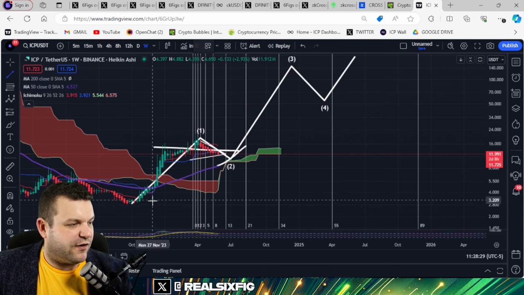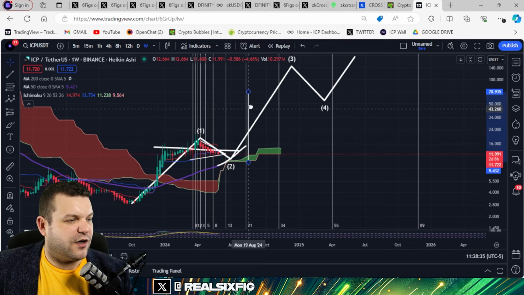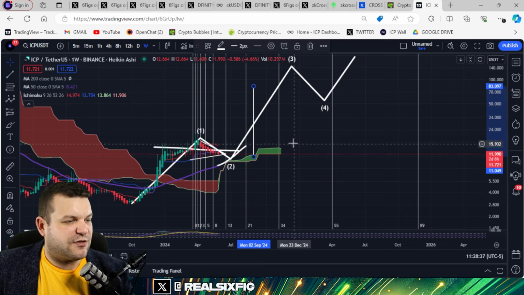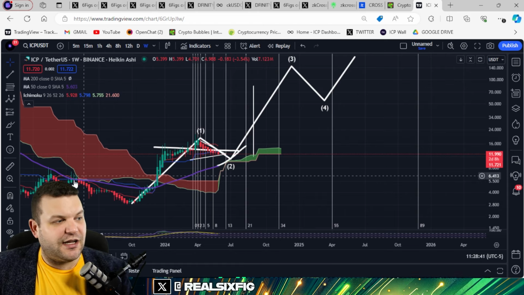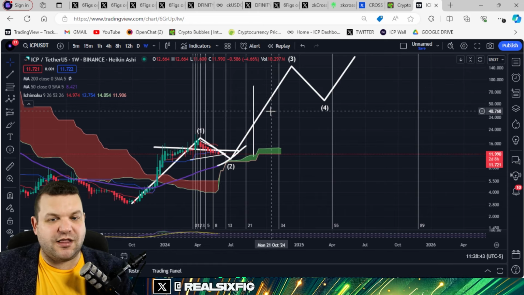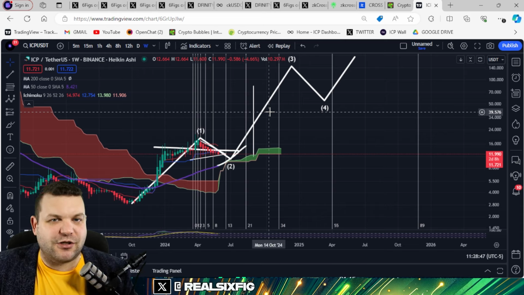My favorite way to figure this out is to basically just draw this up like this. So this next move, we're going to measure from maybe the swing low here. This next move could bring us up to $80 over the next few months going into the fall. We don't know yet. This is very speculative, not financial or trading advice. I want you guys to understand that.